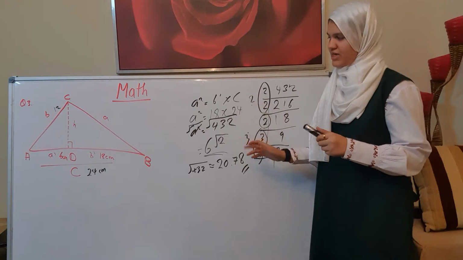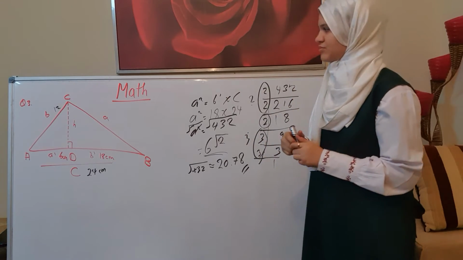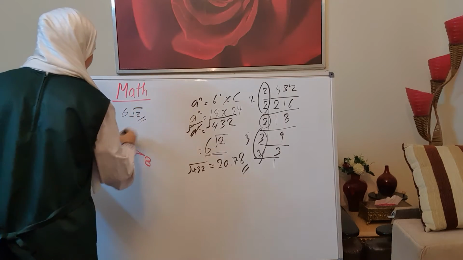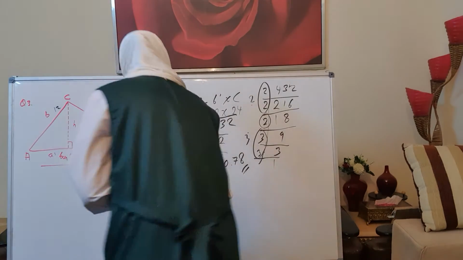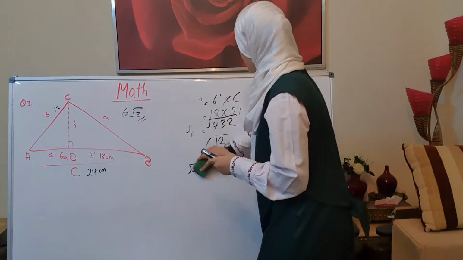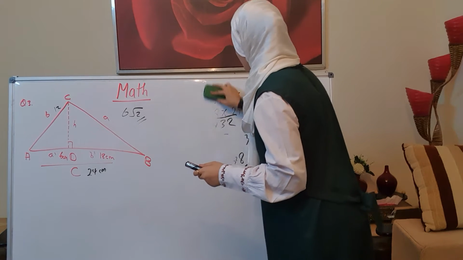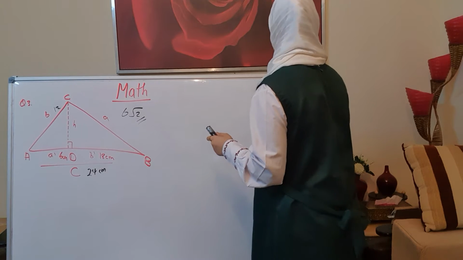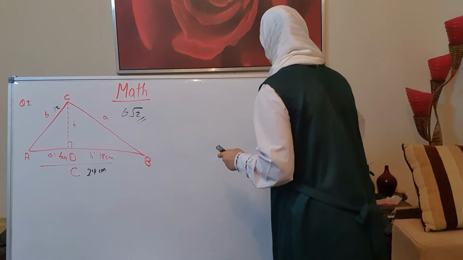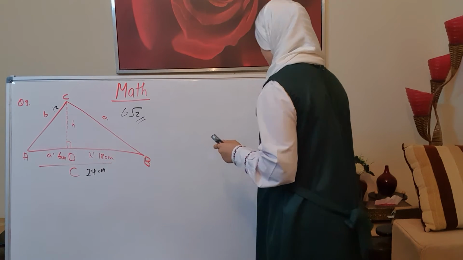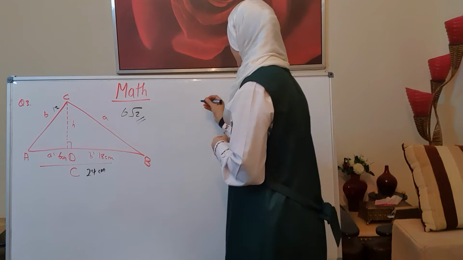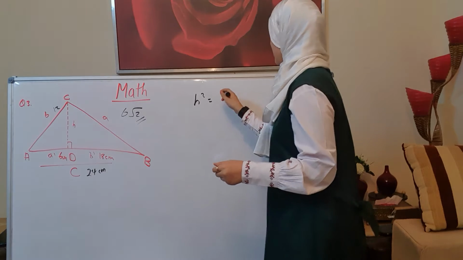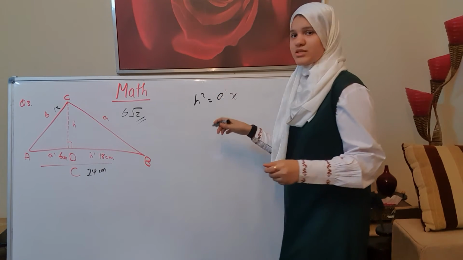Now let us find the height. A is 6 radical 2. Now, for the height, as we said before, it will be A1 times B1. So let us write the height: H squared is equal to A1 times B1.